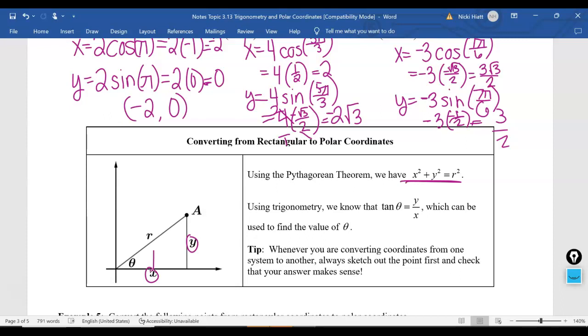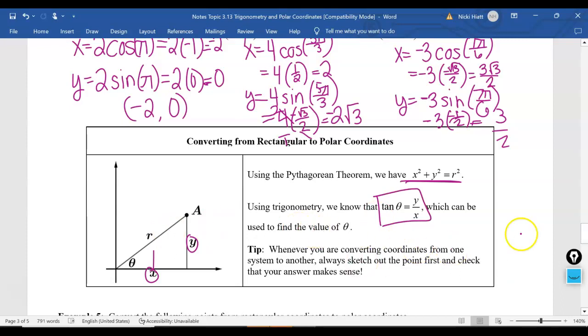X squared plus y squared is going to equal our r squared. Using trig, we also know that tangent of theta is going to be y over x, which can be used to find the value of our angle. So we're going to use this information to find the value of that angle.